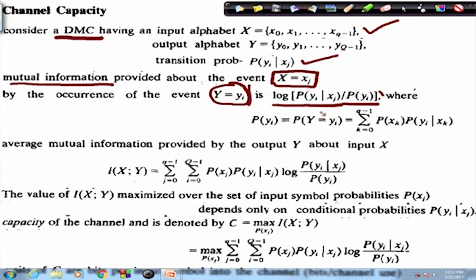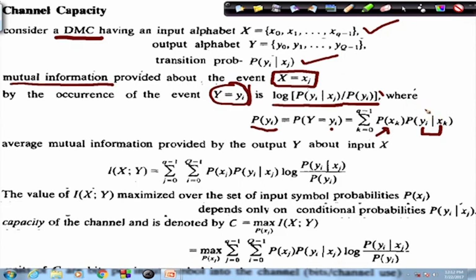So, this is the expression that is used. P of y_i, the event that the random variable y takes the value y_i, is P of y_i conditioned on x_k, averaged over all possible x_k.